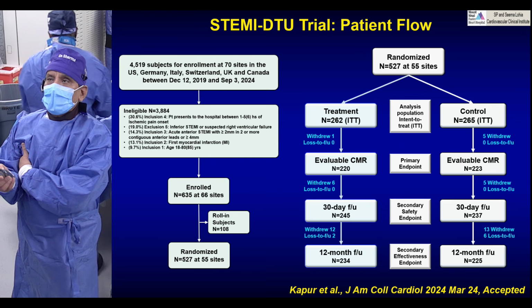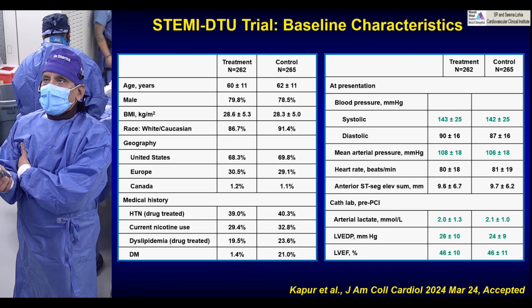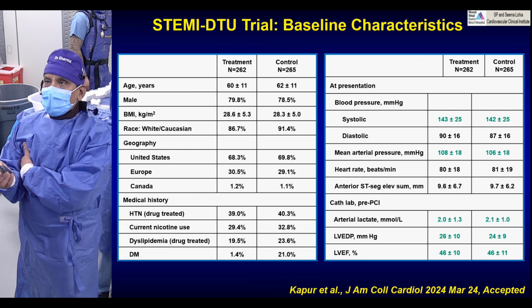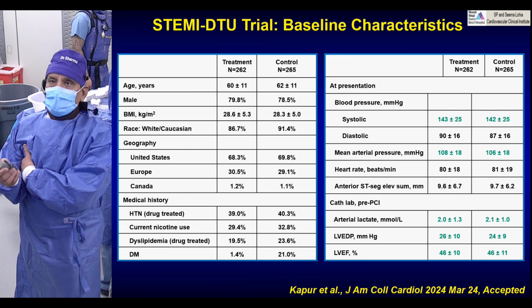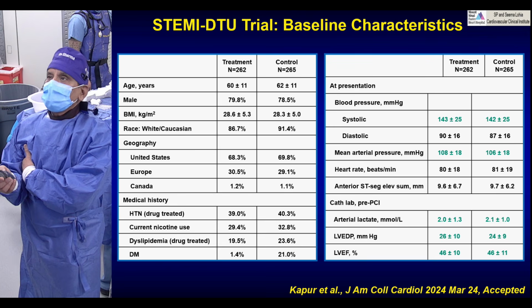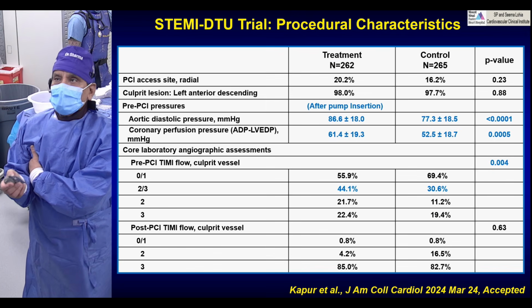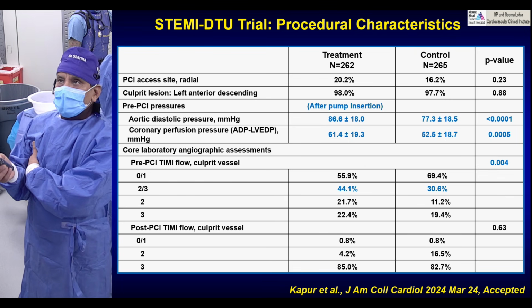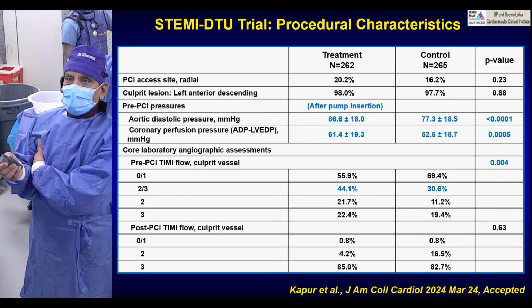And this is basically the run through of the program with the patient flow. Other times were all identical except the time in patients who were in the treatment group, as we know, because you had to wait for half an hour. So this clearly was extra time in the treatment group compared to control.